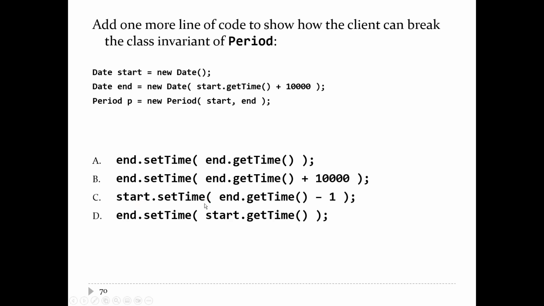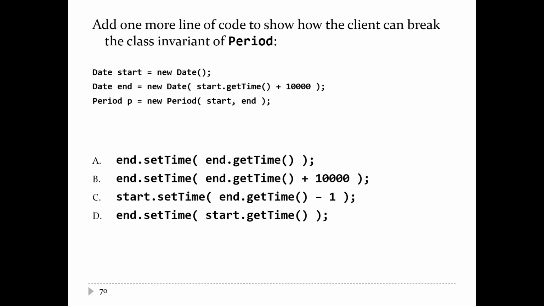If we write start.setTime(end.getTime() - 1), that changes the start time to be 1 millisecond before the end time, so the start time is still before the end time. If we write end.setTime(start.getTime()), then the two times, end and start, are now equal, and that breaks the class invariant. That makes start and end the same time, and by doing that, you end up breaking the period class's class invariant.